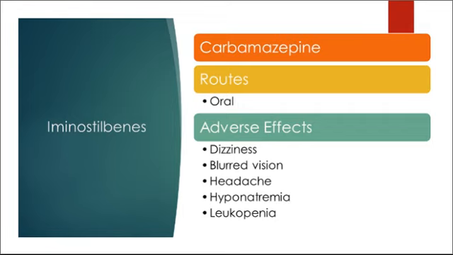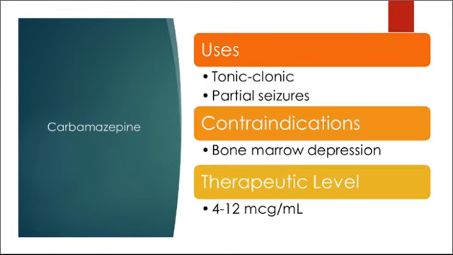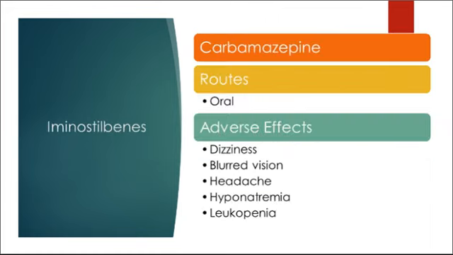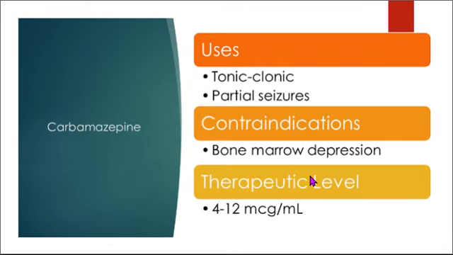Hyponatremia and leukopenia. Your therapeutic level is 4 to 12 for carbamazepine, which is your Tegretol. It's only used in tonic-clonic and partial seizures. Big contraindication, bone marrow depression. So you look here, that's why you're seeing leukopenia, because of the bone marrow depression. So there's your contraindication and your adverse effect going hand in hand.